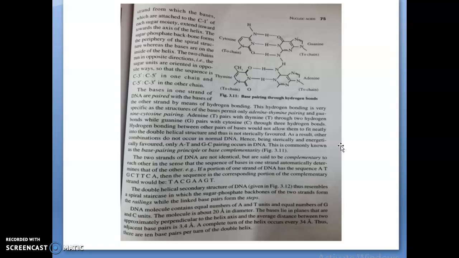The DNA molecule contains equal numbers of adenine and thymine units, and equal numbers of guanine and cytosine units.